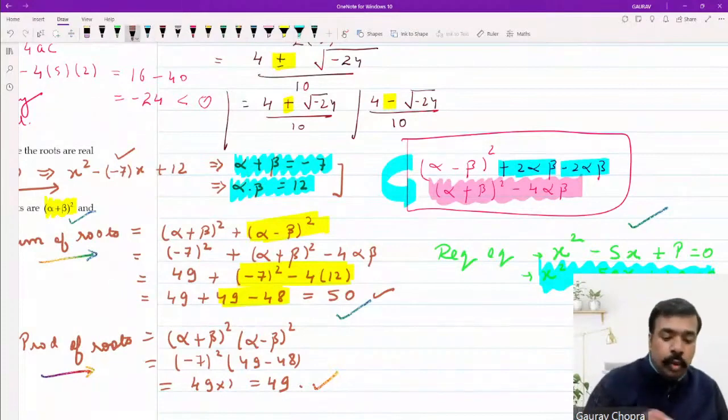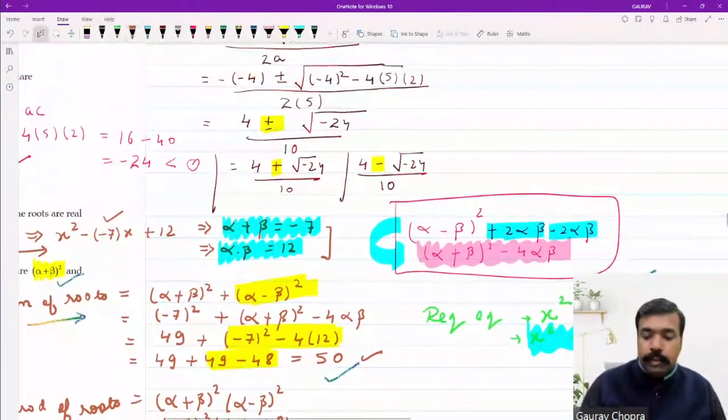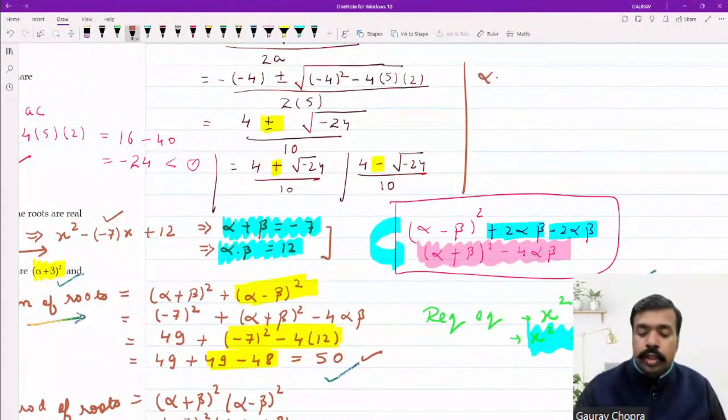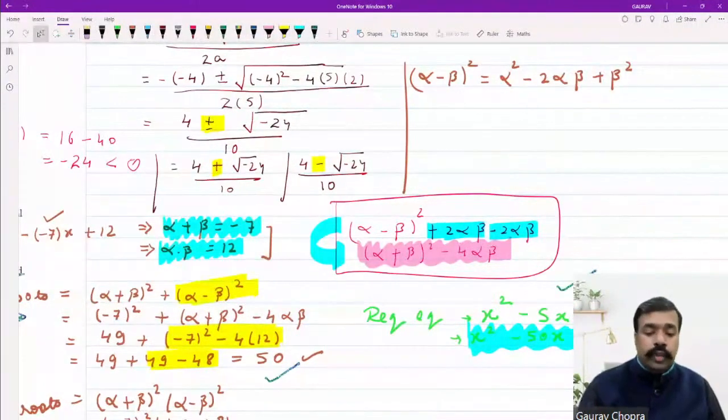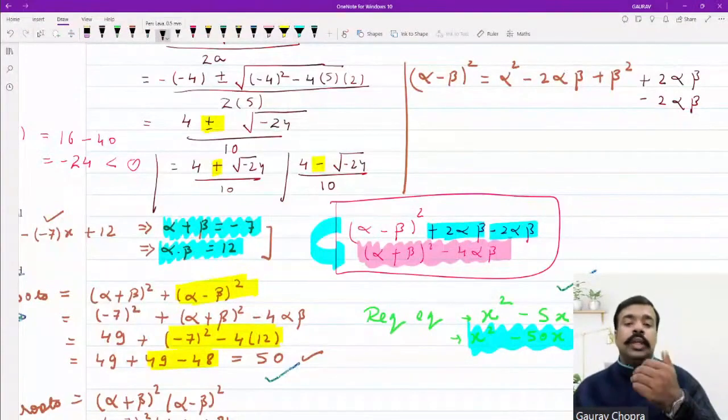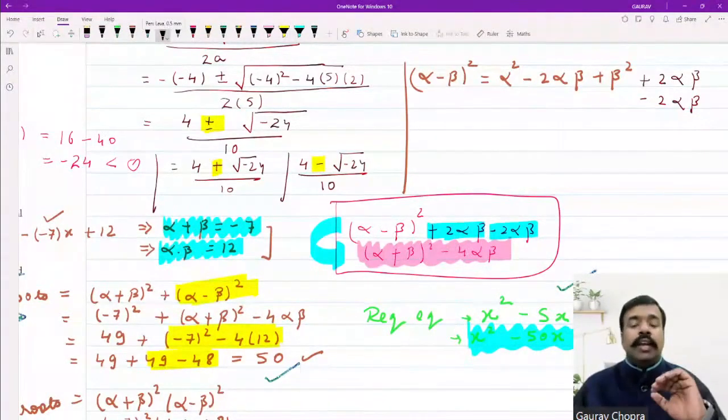If I open this completely, see what happens when we talk about alpha minus beta whole square. It means alpha square minus 2 alpha beta plus beta square. Now what we have done, we have added 2 alpha beta and also subtracted 2 alpha beta, because whenever we add as well as deduct, it makes no difference: 5 plus 2 minus 2 remains 5, 10 plus 2 minus 2 remains 10.